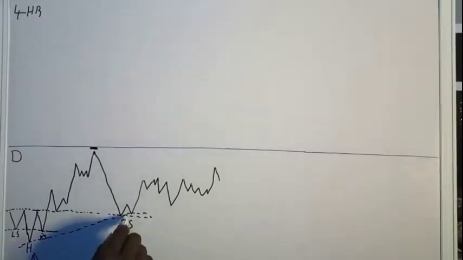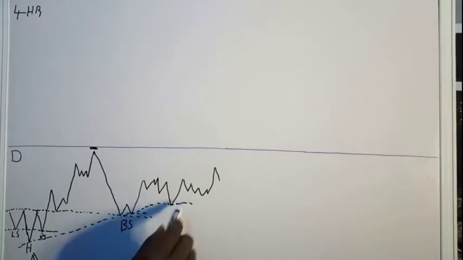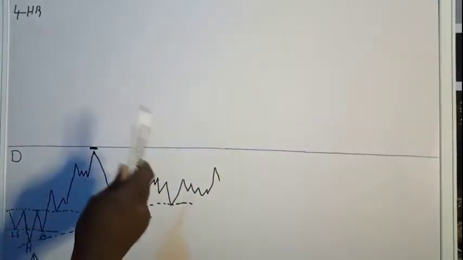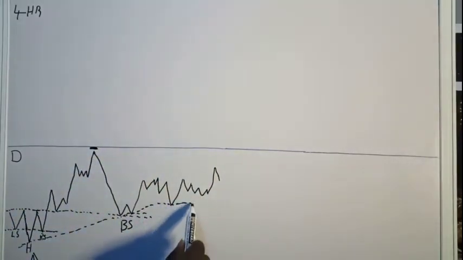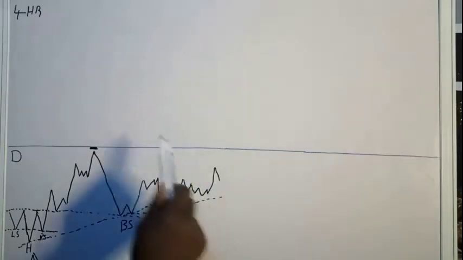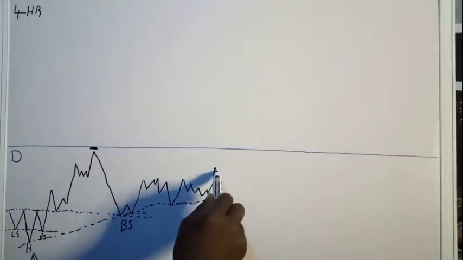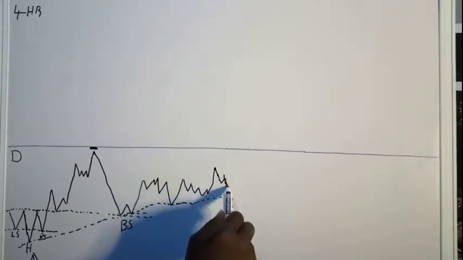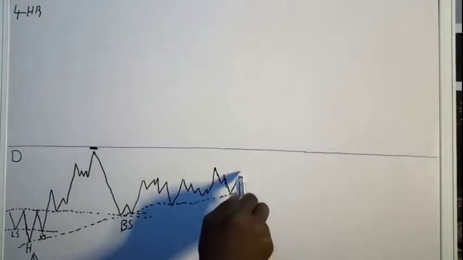Continuously the market came back to this bullish support and then began to give us an up move again.